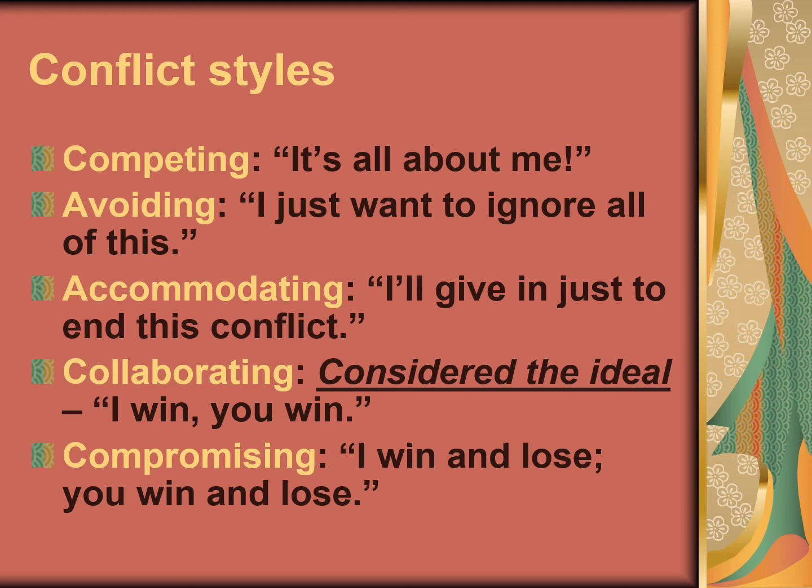The second type of conflict style, and these are in no particular order, is, believe it or not, avoiding. Avoiding is definitely a style of conflict resolution. And there are several reasons that you might want to avoid the conflict, and it might be totally justifiable. One reason might be you're really angry and you know that if you bring it up now, you're going to say something you'll be sorry for.